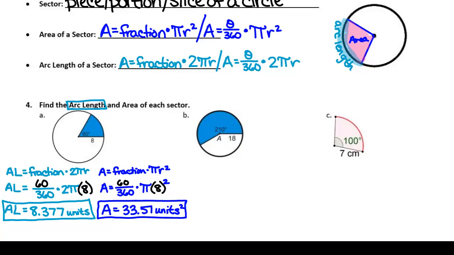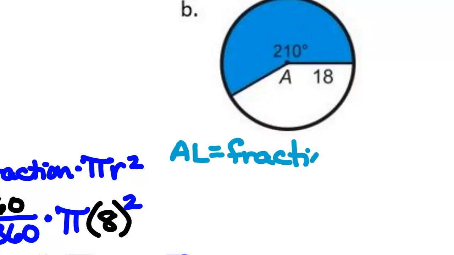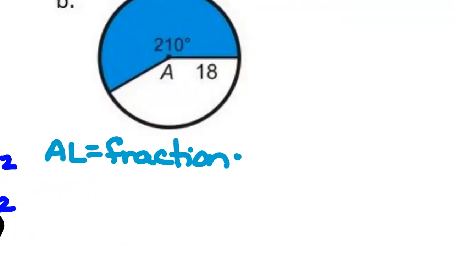Let's do one more like that together, and then I'm going to have you guys try part C on your own. So the first thing we're going to do is arc length. Arc length equals fraction times 2 pi r.